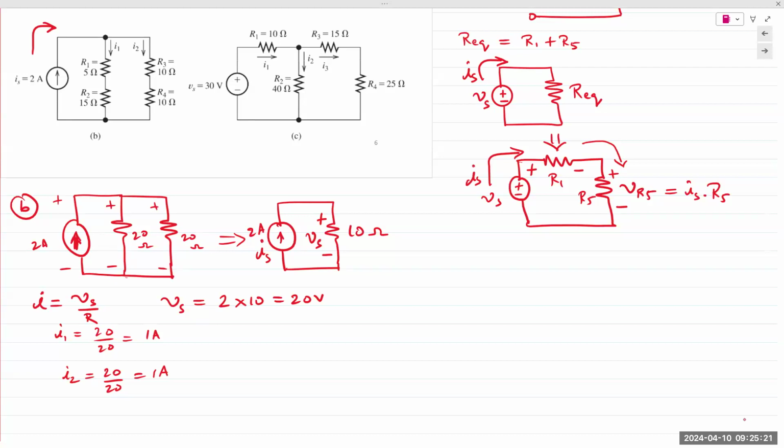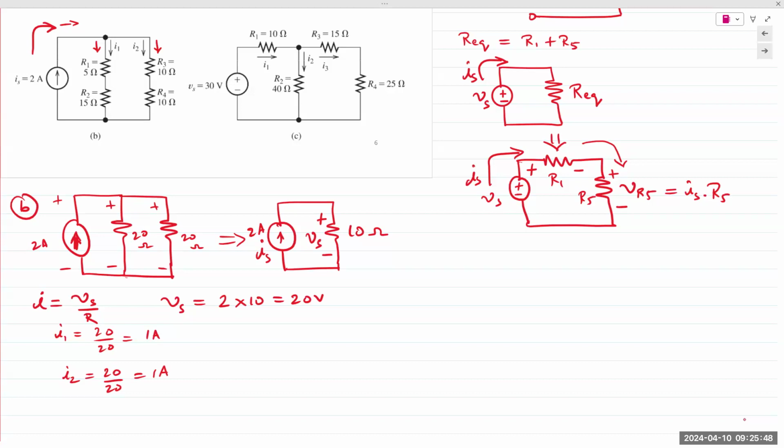Now, let's look at it logically. You have a current that's coming up and going through the circuit, reaches the junction, and it splits in two, right? The traffic down both streets is exactly the same, so it's going to take the same amount of time to go down each pathway. 15 plus 5 gives us 20 ohms, 10 plus 10 gives us 20.